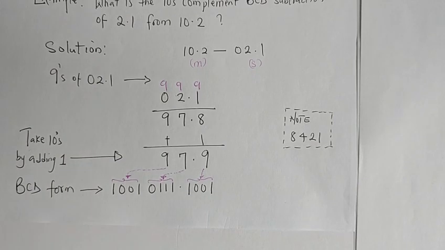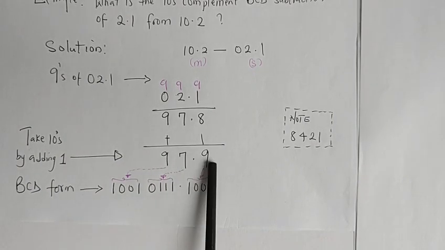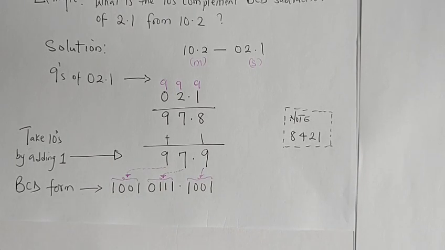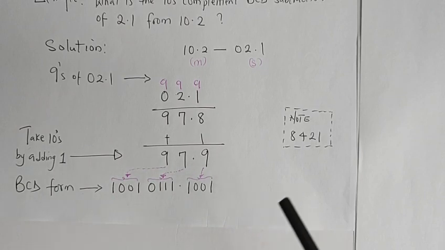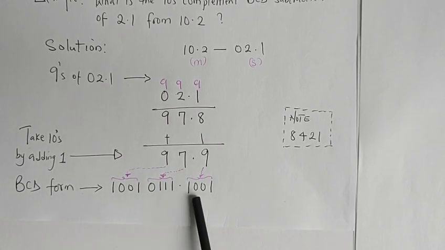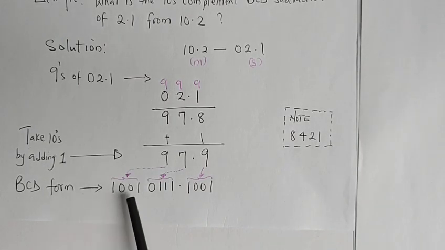In this case, the next thing we need to do is to represent this result in BCD form. The BCD form is nothing but taking the corresponding 4 bits of each of these digits. So 9 is going to be 1001, dot, 7 is going to be 0111, and 9 is going to be 1001.